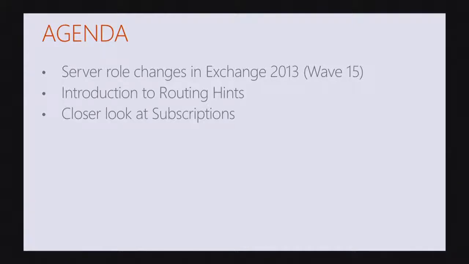We talked about it in the Wave 14 timeframe, and that was going through the load balancer. We'll talk about how that changes in Wave 15, which is basically around routing hints. Then we'll put that all together in the context of subscriptions, specifically streaming subscriptions in Exchange Web Services, and how you put all this together at scale.